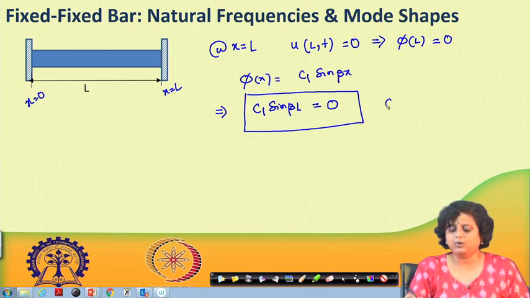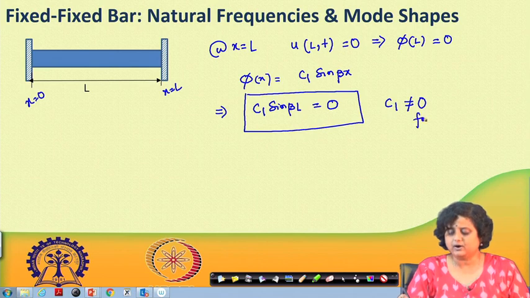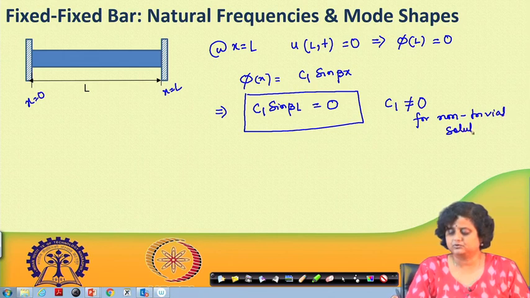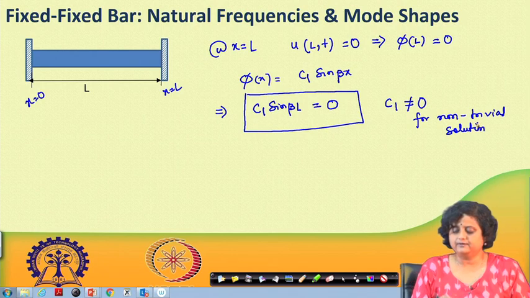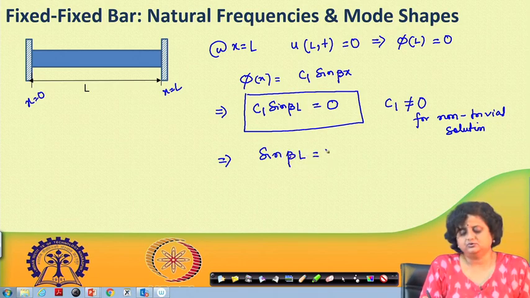C1 is not equal to 0, because if C1 is equal to 0, then phi x is going to have a trivial solution. So, C1 cannot be equal to 0 for a non-trivial solution. Therefore, the only other option left is sin beta L is equal to 0.